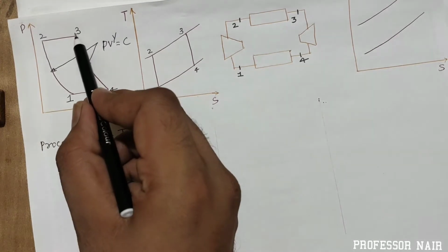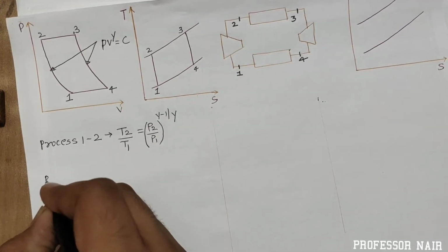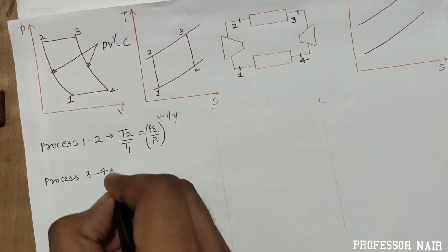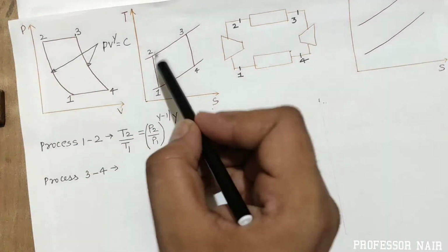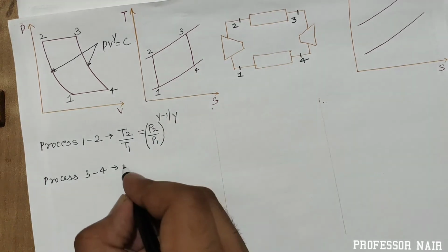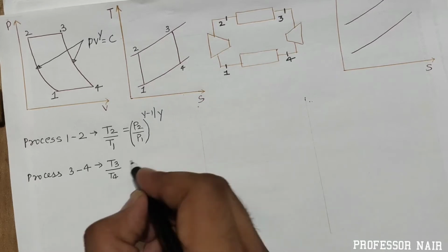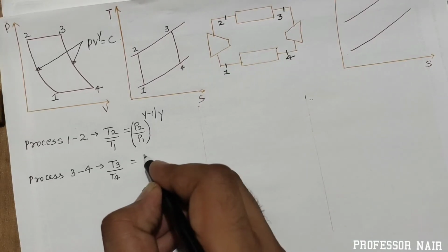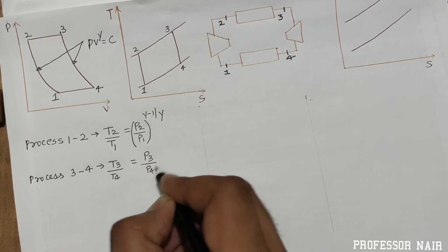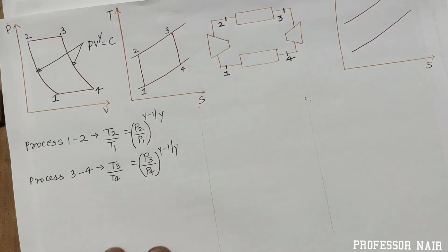Similarly, as process 3 to 4 is also reversible adiabatic expansion, I can write for process 3 to 4, higher temperature upon lower, so here also T3 upon T4 equals P3 upon P4 raised to gamma minus 1 upon gamma, right?